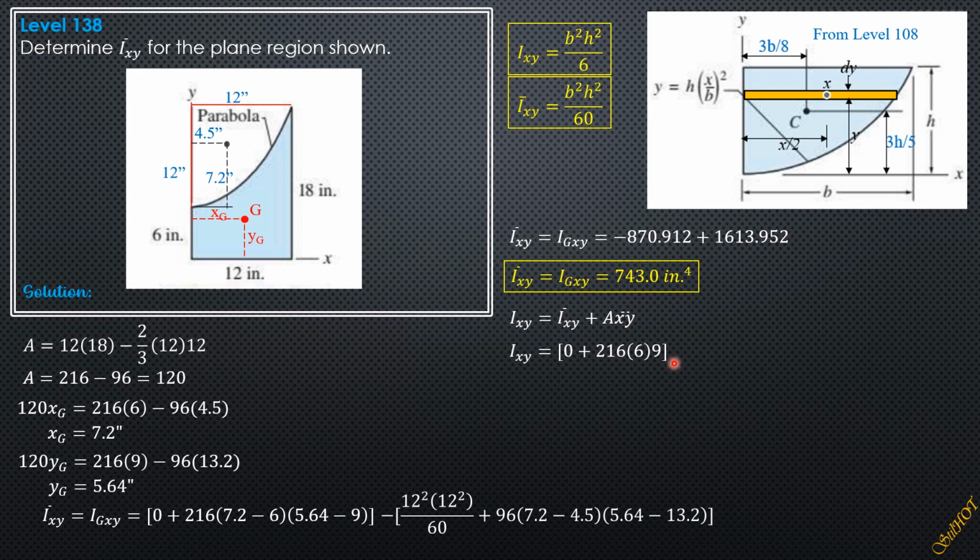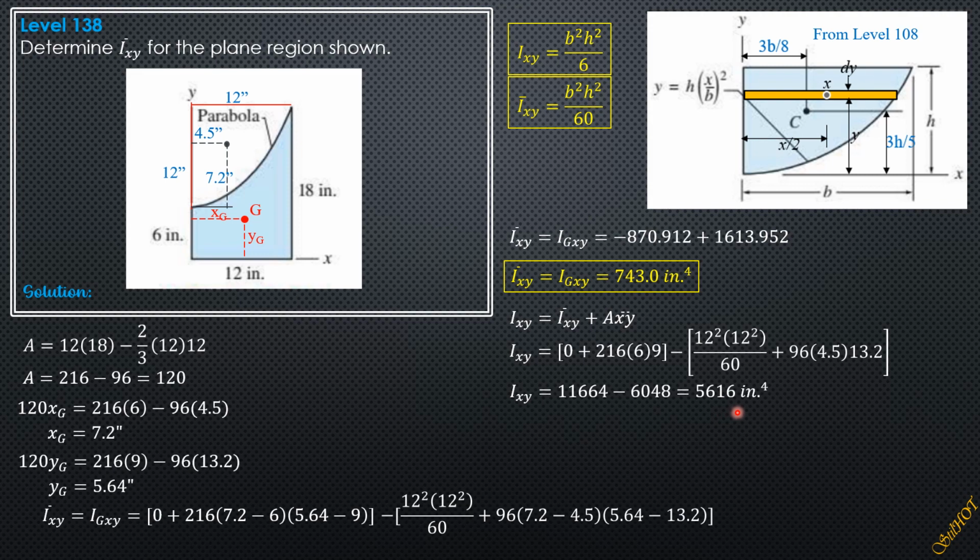Then minus for the parabola, which is b square h square over 6, 12 square over 6, area 96, barred x of parabola 4.5, barred y 13.2. So ixy equals 11664 for the rectangle, then minus 6048 for the parabola.